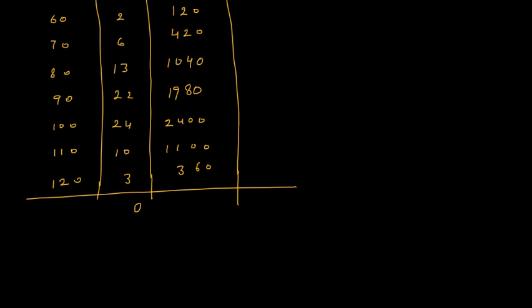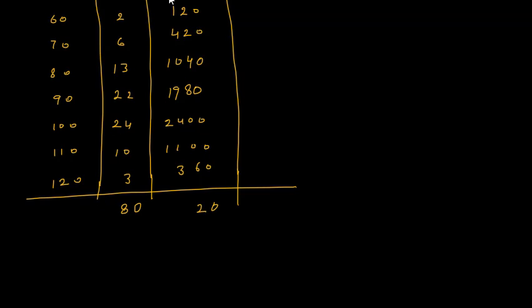So 2. Then 2 plus 1 is 3, 3 plus 2 is 5, 5 plus 2 is 7, 7 plus 1 is 8. So this total is 80. Here at unit place we have 0. Then at tens place 2 plus 2 is 4, 4 plus 4 is 8, 8 plus 8 is 16, 16 plus 6 is 22.